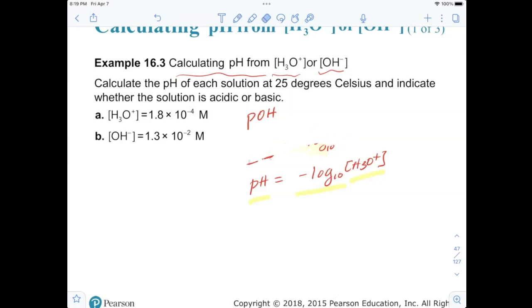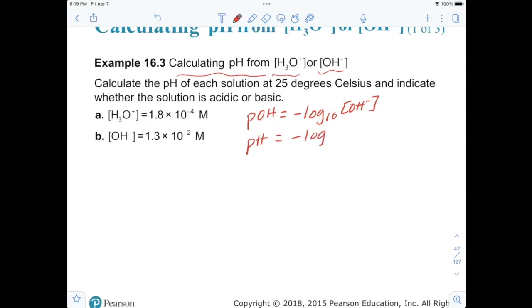Okay, now that I've finished that part, remember we have two formulas to work with. Even though the book goes with Kw, I got feedback from my students that the pOH version works a lot better. So I'm going to bring in pOH is equal to negative log base 10 of the OH minus concentration. pH is equal to negative log base 10 of H3O plus concentration.